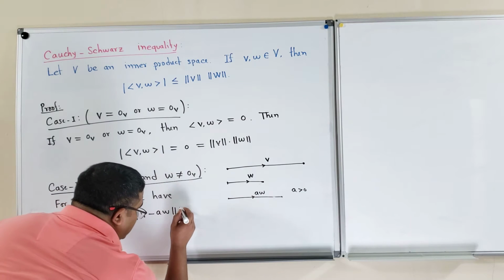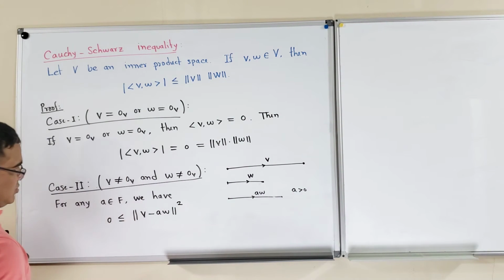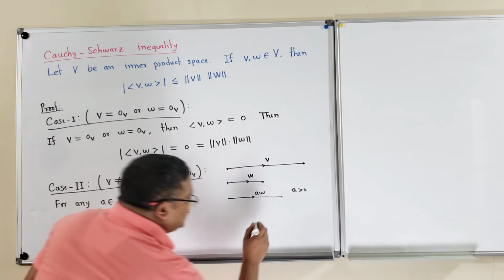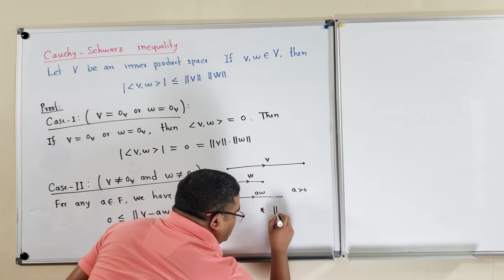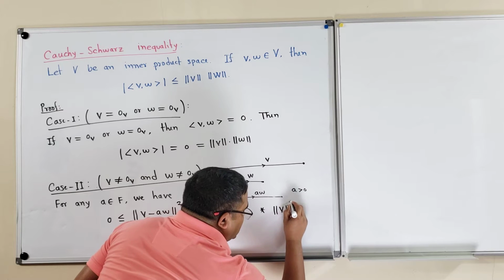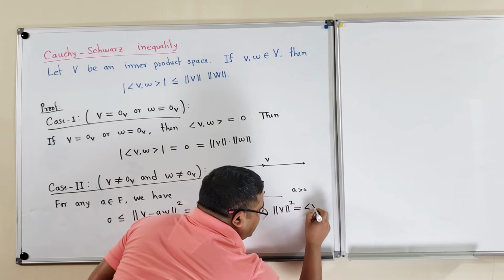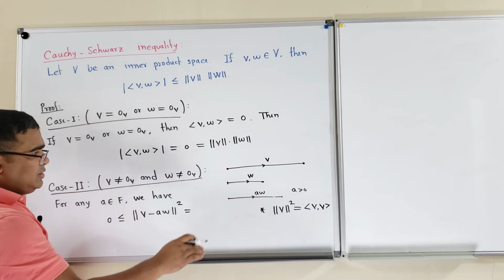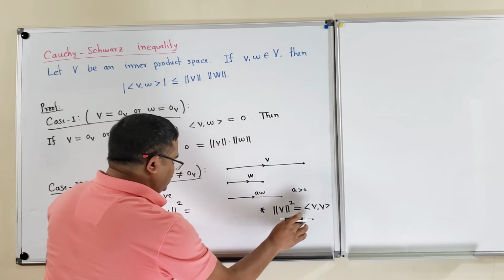Now square it. We know that the norm of v squared equals the inner product of v with itself, the relation between norm and inner product.